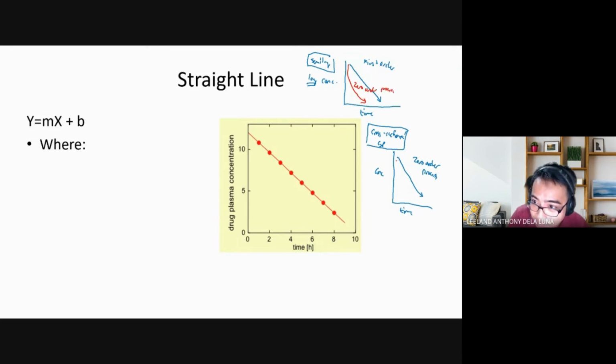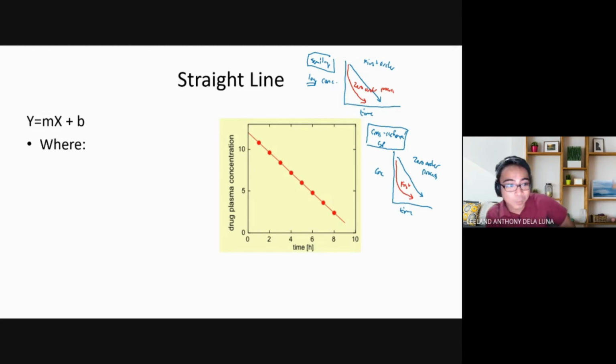At pag nag-curve naman sa cross-sectional graphing paper, mukha siyang curve. Sabi natin, ay first order process yan. Correct? Okay. Now, take note, class, again, ang reaction na tinitingnan natin dito is the elimination reaction. Okay? How well is your drug being eliminated?